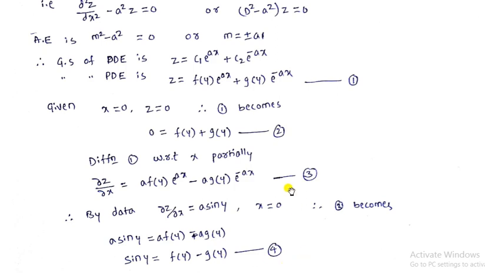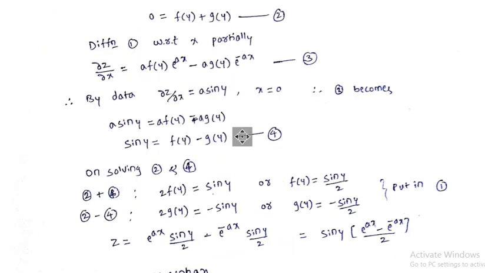Now on solving equations 2 and 4: adding 2 and 4 gives f(y) = sin y / 2, then subtracting gives g(y) = -sin y / 2.